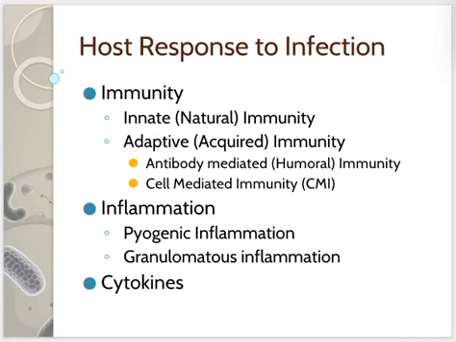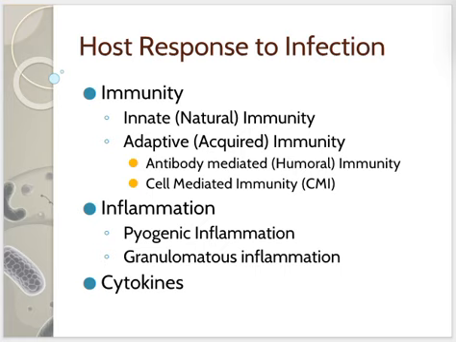Our body's response to infection is complex and involves several layers. Immunity includes innate or natural defenses and adaptive or acquired responses. Adaptive immunity further divides into antibody-mediated, which targets pathogens in fluids, and cell-mediated immunity, which attacks infected cells.